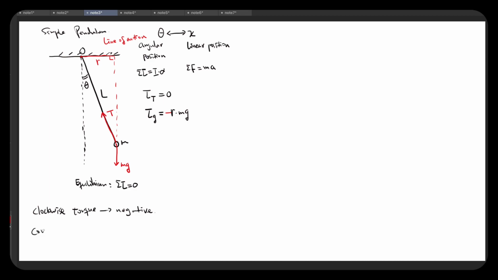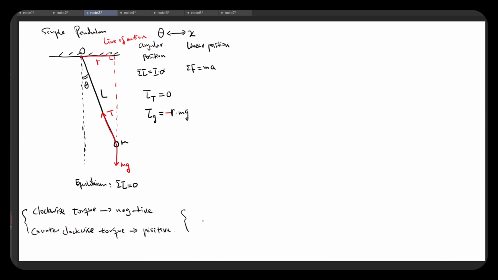And counterclockwise torque is positive. And that definition also applies to angle.